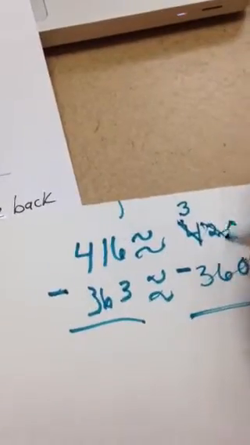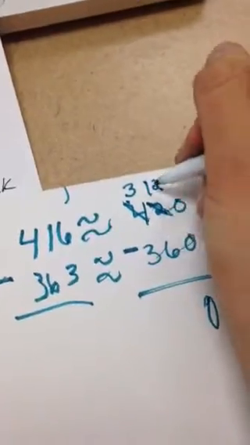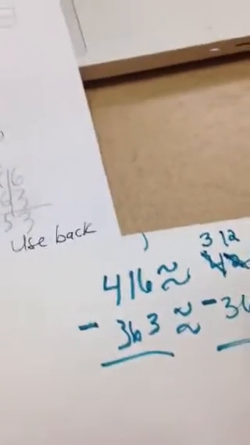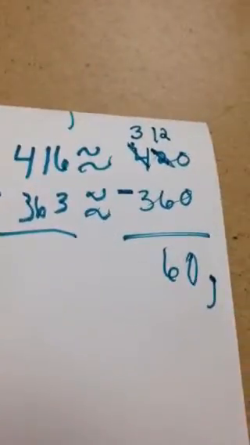And then I'm going to cross this 2 out. I'm adding 10 to that 2, or I should say 10 tens, right? So that's going to become a 12. And then I'm going to say 12 minus 6, that is 6, and 3 minus 3 is 0. Okay, so the answer is 60 grams when I round by 10.